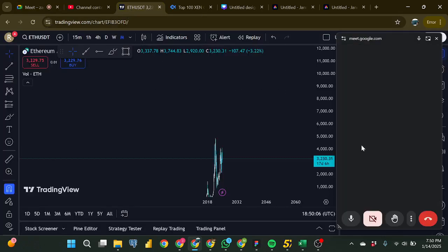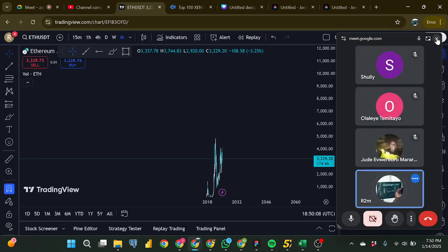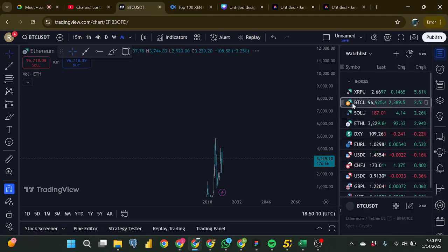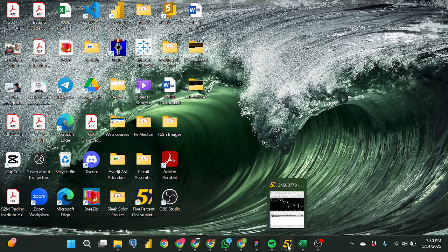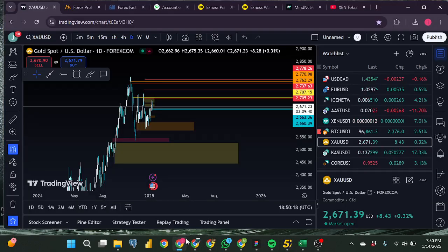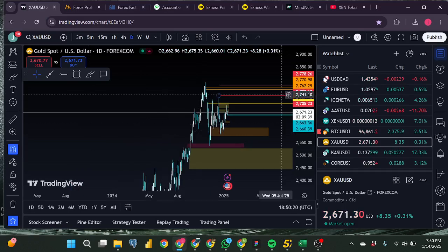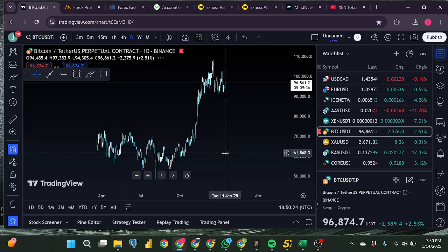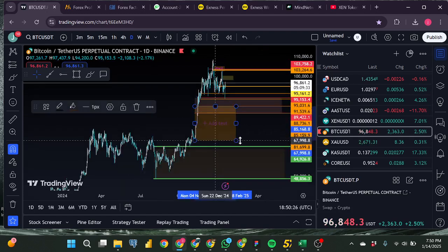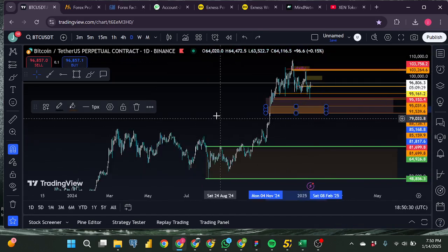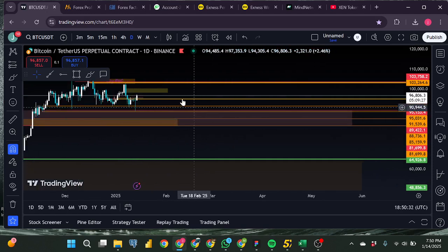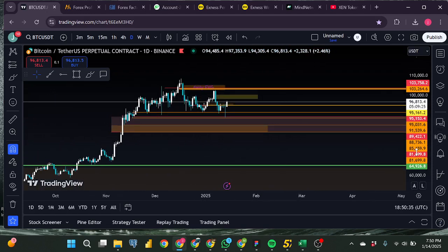This is Ethereum, but let's go straight to Bitcoin because it appears that a breakout is going to happen on Bitcoin anytime from now. So let's look at Bitcoin. I think it's already happening. So this is it.